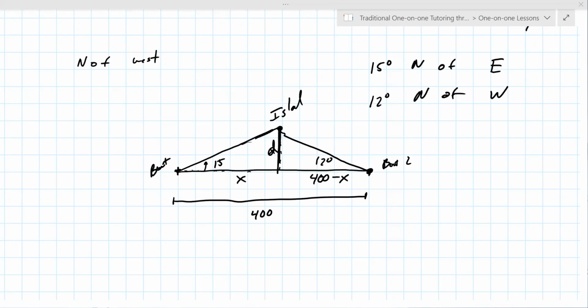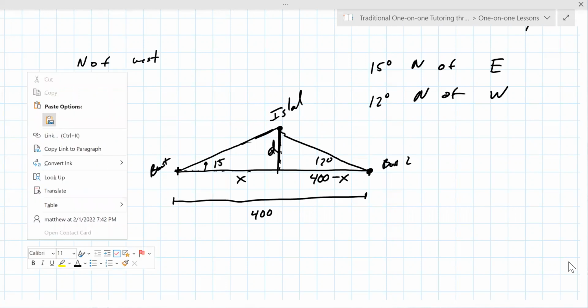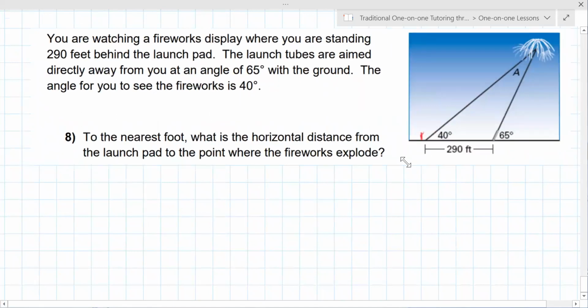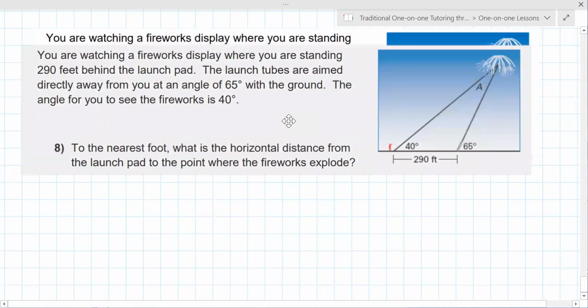We want like hard ones, but okay, maybe this is a better one. All right, so I got another question here. I'll snip in. I'm not sure if we can do this yet, but this looked somewhat better.